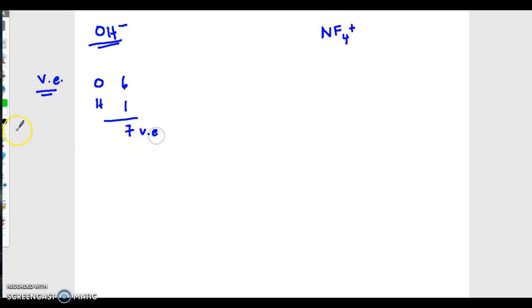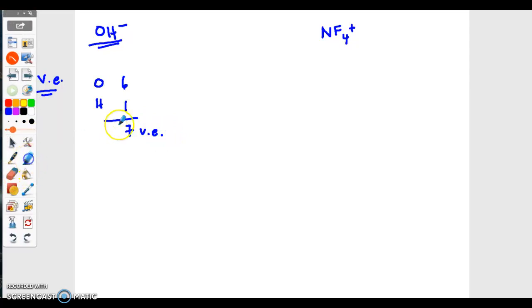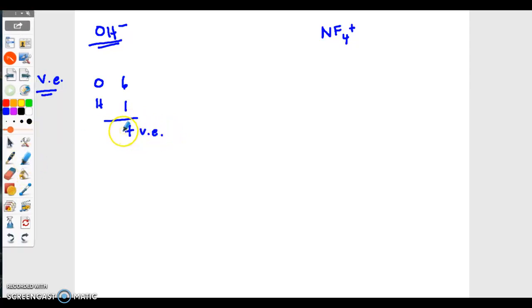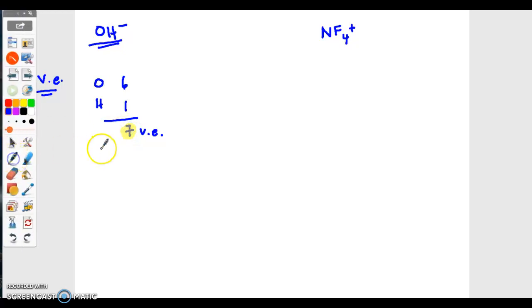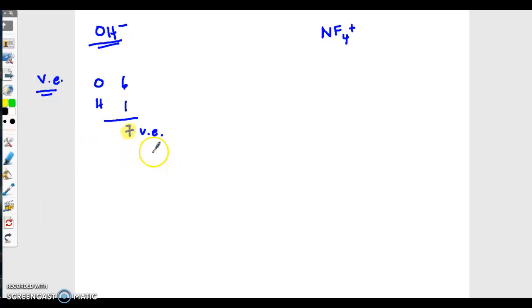I want you to take notice of something, and that is the fact that we've got an odd number of valence electrons here. There are 7. However, if we look at the formula for hydroxide, we know that there's a charge on it. It's got a negative charge.